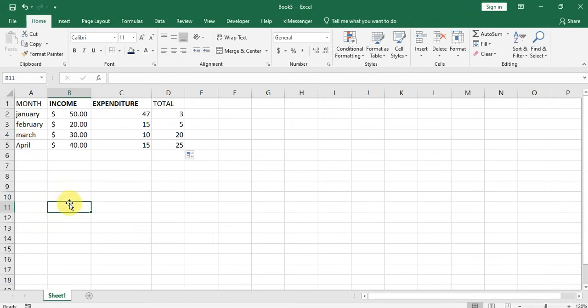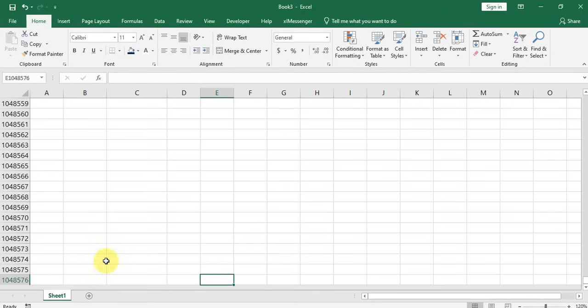Now we have the worksheet. If you look down here, you can see Sheet1. When you are finished using all 1,048,576 rows and you want another one to work on, you don't have to save it and then go and create a new one.